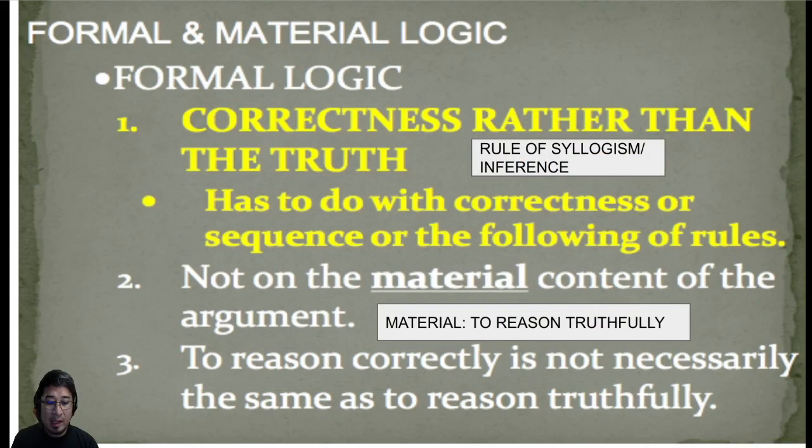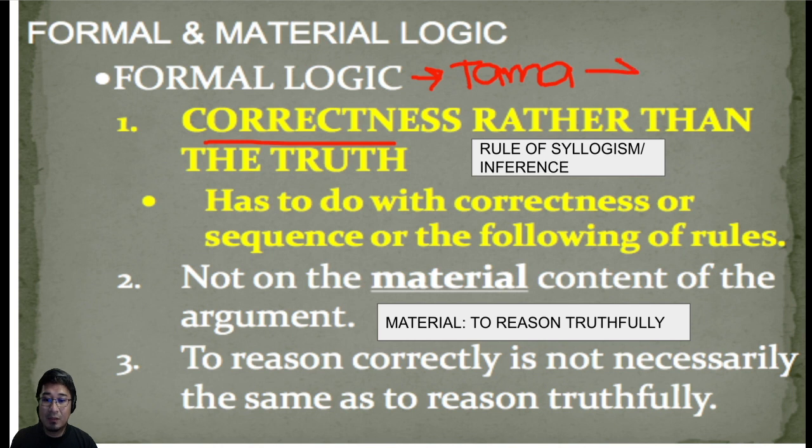So let us apply the rule of inference and then the rule of syllogism to determine the difference between formal and then material logic. For formal and then material logic, ang formal logic, ang keyword lang natin dito is yung tama. Yung Tagalog ng correctness here is the formal logic or yung argument under formal logic, it's after yung pagiging tama. Now, paano ba nagiging tamang isang argument?